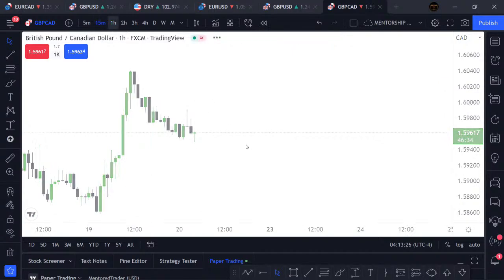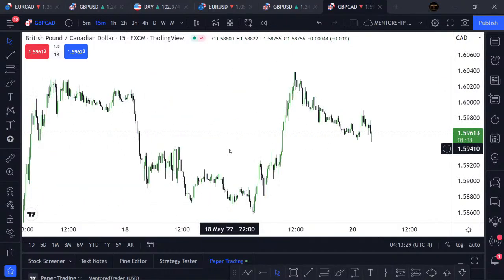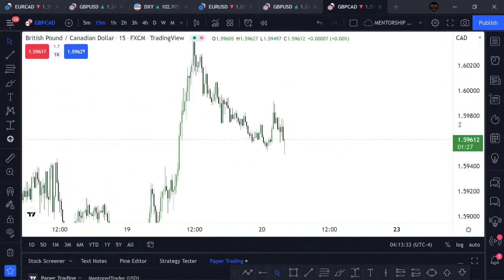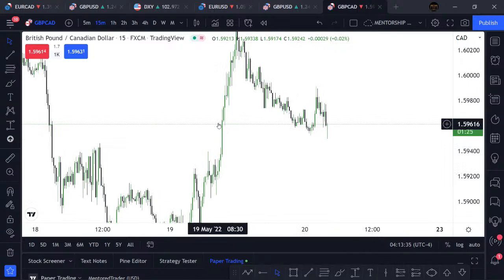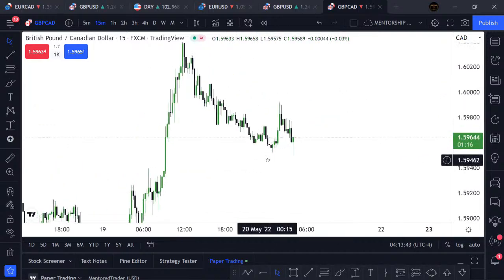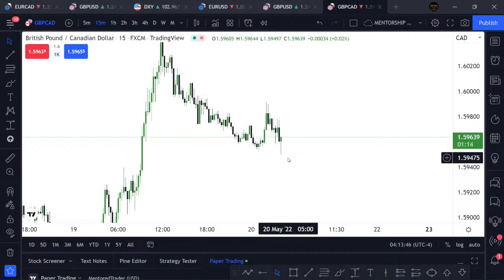Let's go down to the 15 minutes chart. On the 15 minutes chart, this is this imbalance. See this imbalance? It tried pushing price higher. Let's look for an institutional level in here.